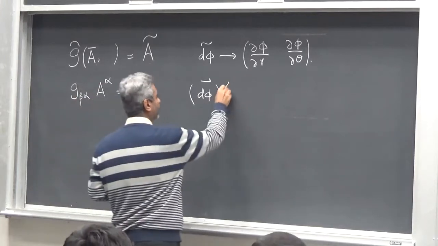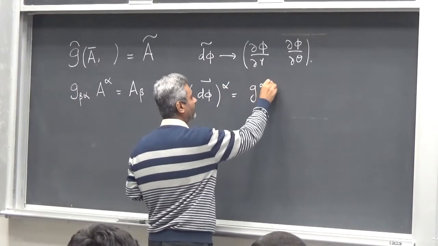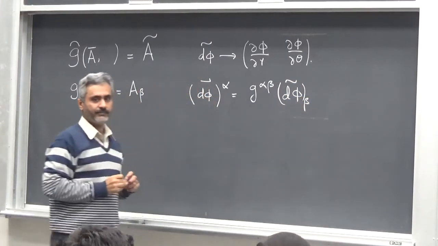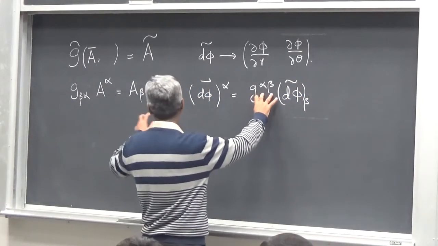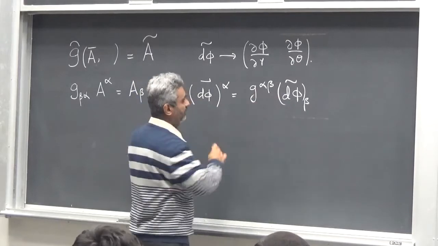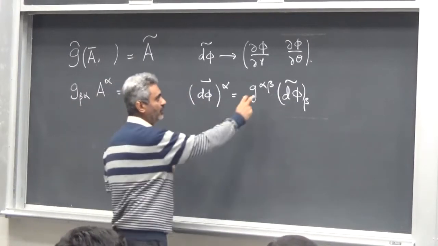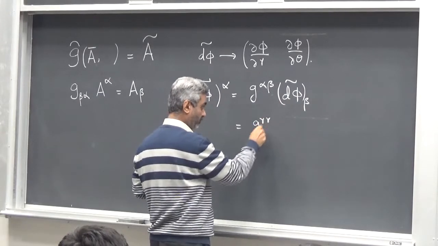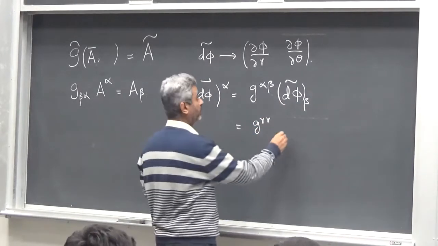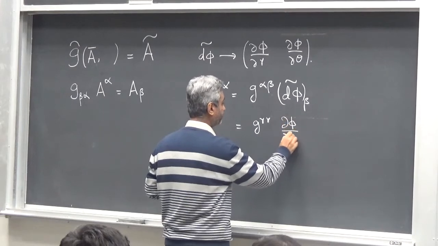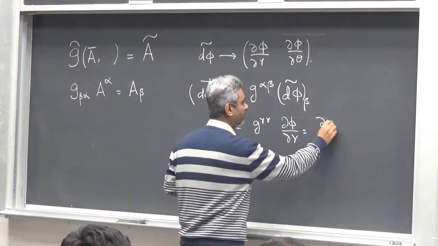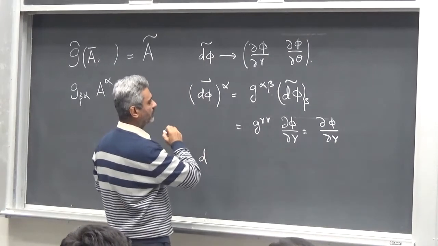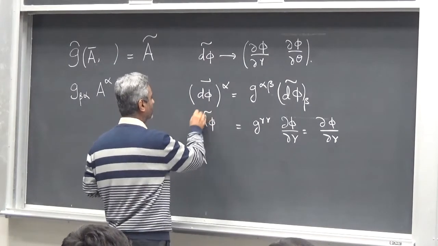And so this alpha is just going to be g alpha beta d phi beta. Since the metric in polar coordinates is diagonal, you have a sum over r and then theta, and only the r term is going to contribute. So this is partial phi by partial r, since g rr is 1, and this is d phi r.